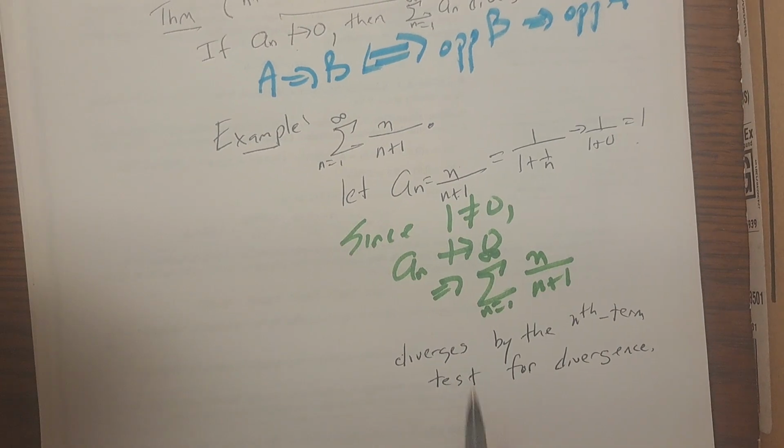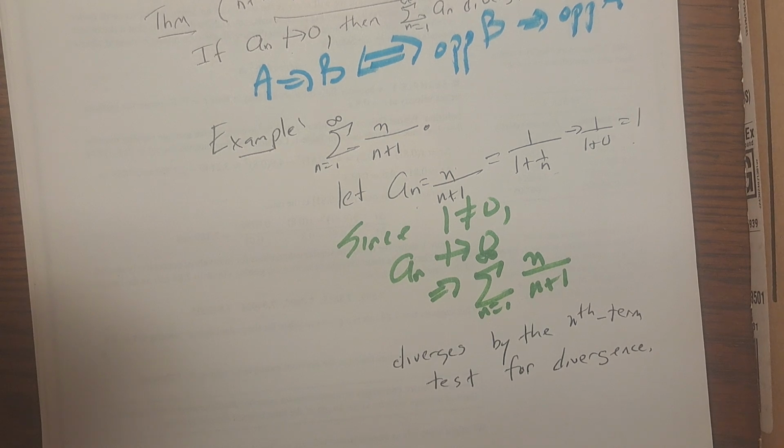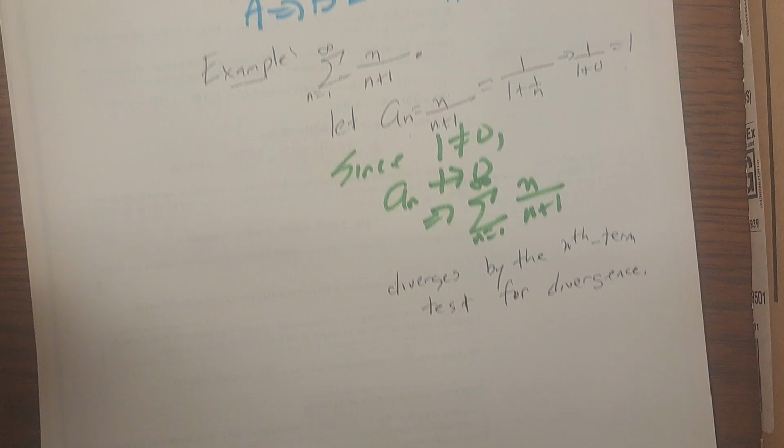Now, if you take the limit of the nth term and it goes to 0, then you haven't learned anything. In terms of the nth term test of divergence, it doesn't conclude anything for you.